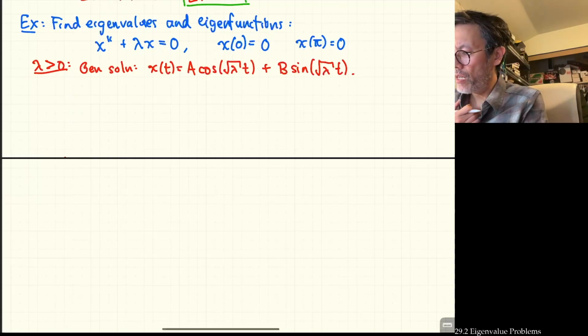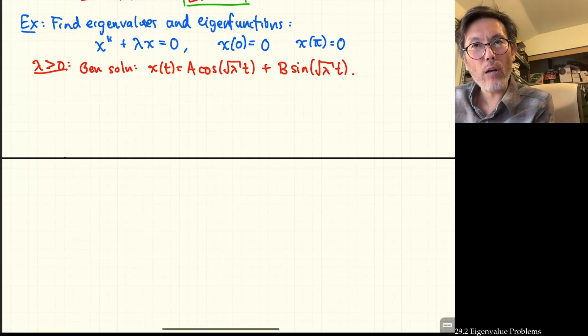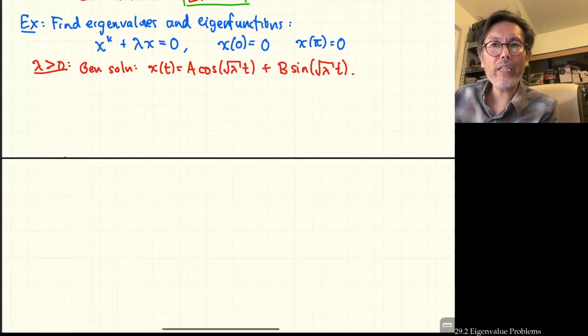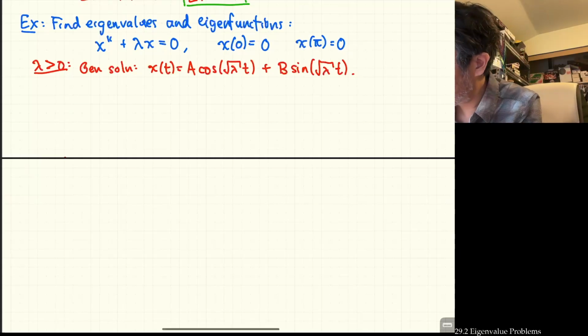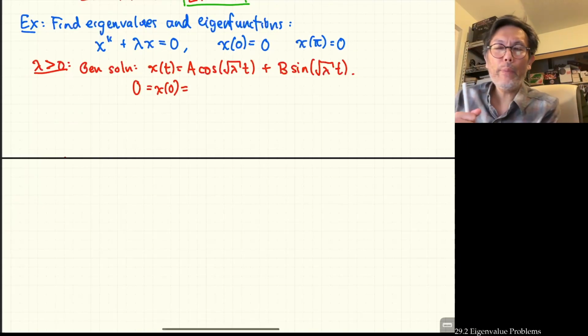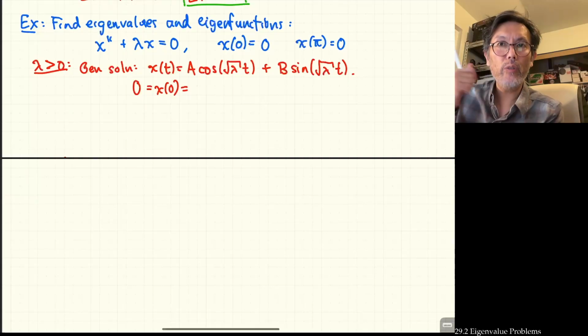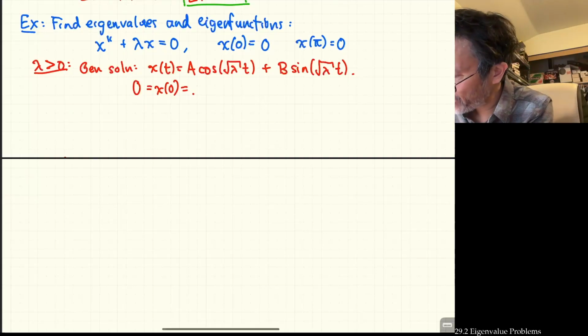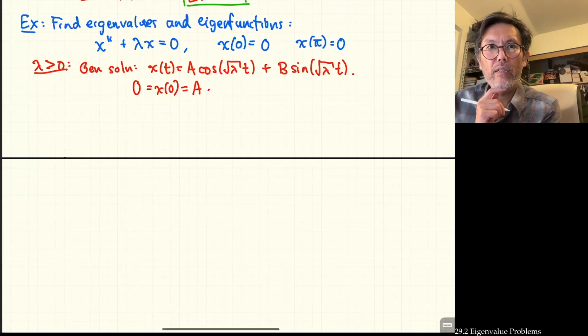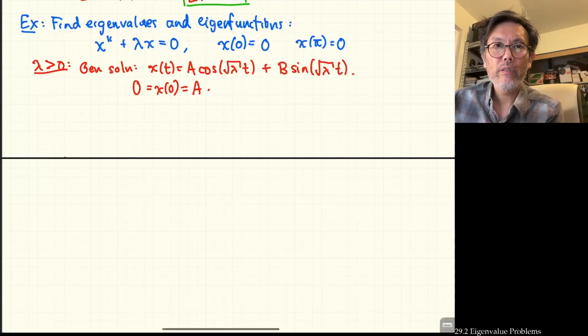If you don't believe it, review, because that's the important stuff there. All right? Now let's incorporate the boundary conditions to see what that might say about a and b. Let's look at the first boundary condition. If we plug in t equal to 0 into our general solution, the sine term dies, and cosine of 0 is 1, so what we're left with is just a. In other words, a is 0.